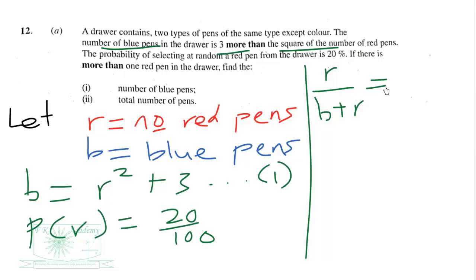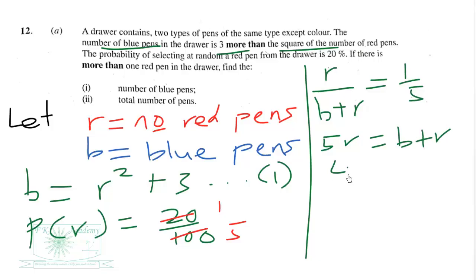And that will be equal to 20 over 100, and that will give us 1 over 5. So we have 5r is equal to b plus r, or 5r minus r, which is 4r, is equal to b. So this can be our equation 2.